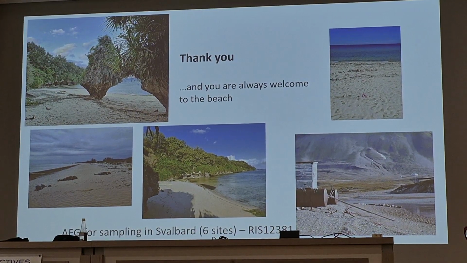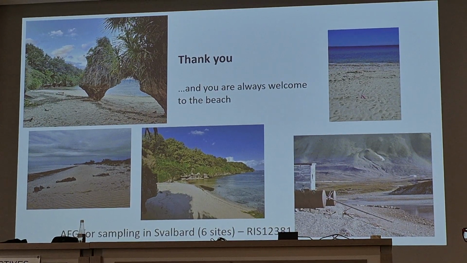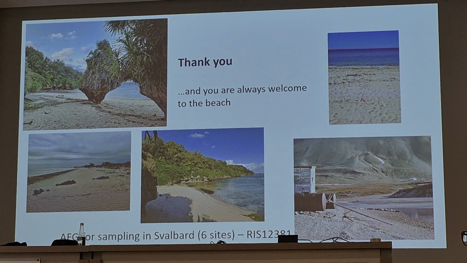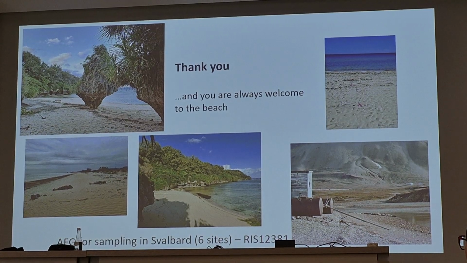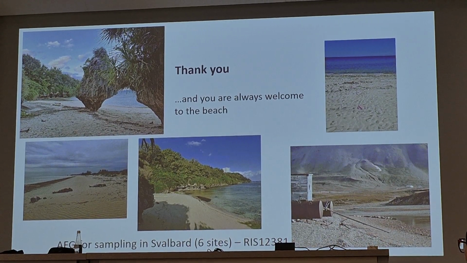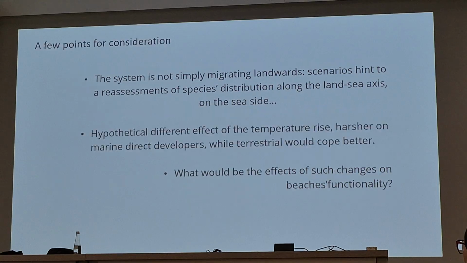It's well managed. So I'm wondering about one of the last slides where you have this scenario, and the one that is different for more terrestrial and more marine taxa.